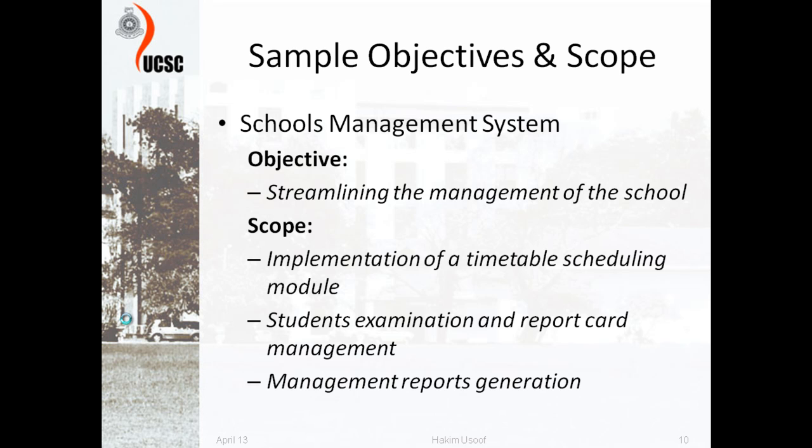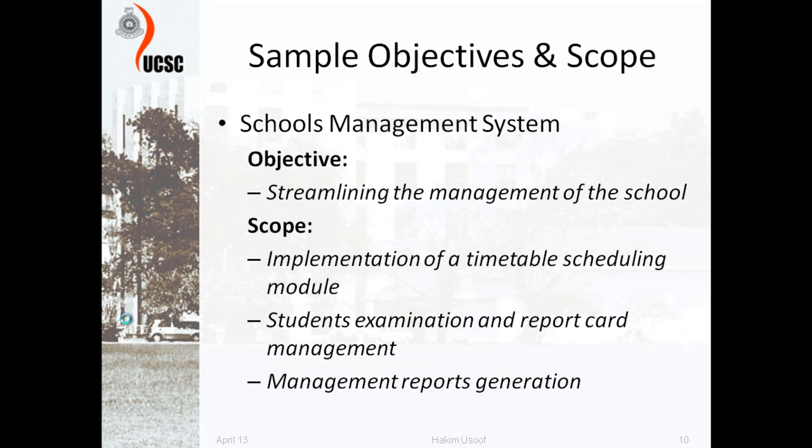Maybe you can have a teacher allocation. But if you are not mentioning that in your scope, that means you are not doing it. That's a limitation. This is what you are going to do. Now, I am not saying this is sufficient. This is not sufficient. I am just giving you an example. So, timetable allocation, staff allocation systems, examination and report management, okay?